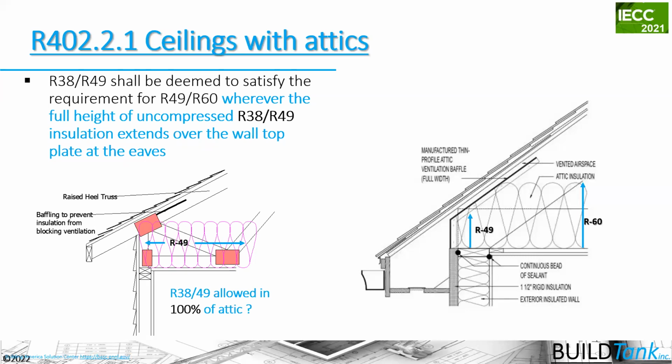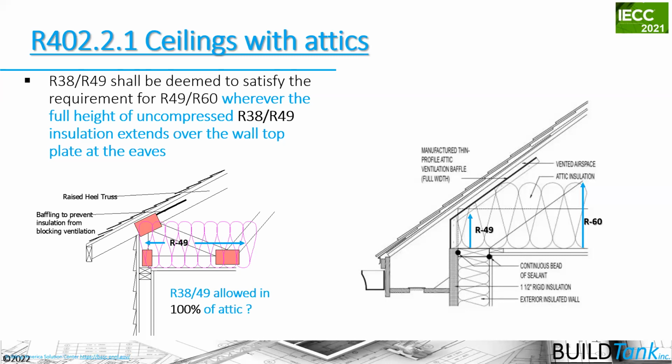But if I decide to trade that off, I could potentially, in theory, go to zero insulation over the top plate. But most likely you're not going to actually be able to do that in the trade-off calculation within the software. So let's say I go to R30 over the top plate or R38 over the top plate.